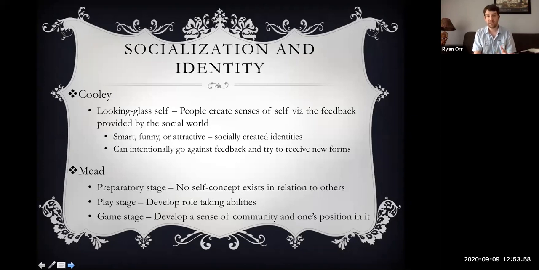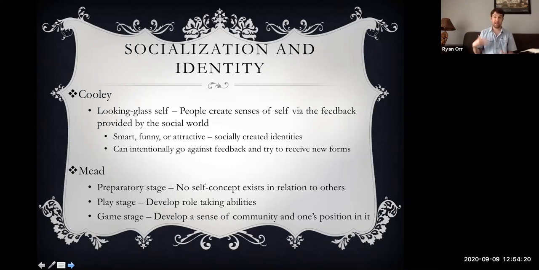In the second stage, the play stage, you start to develop the ability to play out the role of the other person. So here you start to recognize this person as a parent, and I understand the parenting task, the parenting responsibilities. Oh, I recognize this person as a teacher, or this person as a doctor.